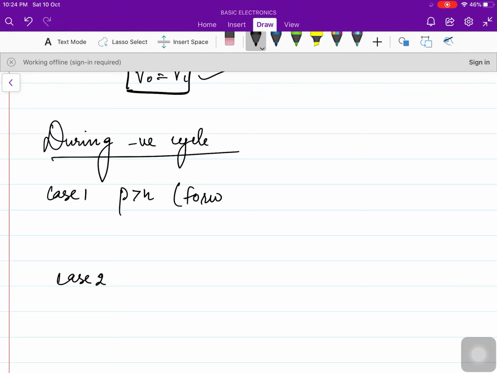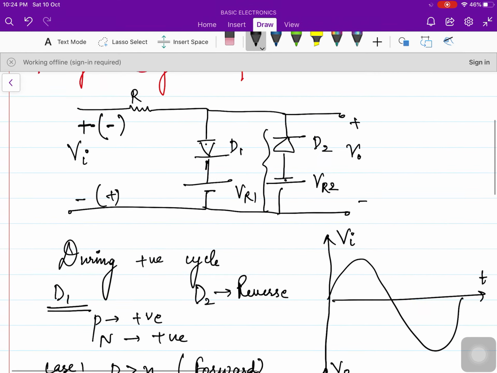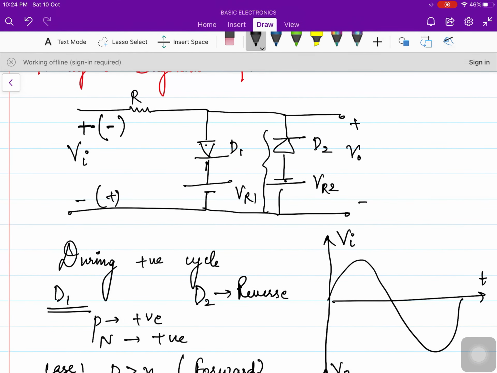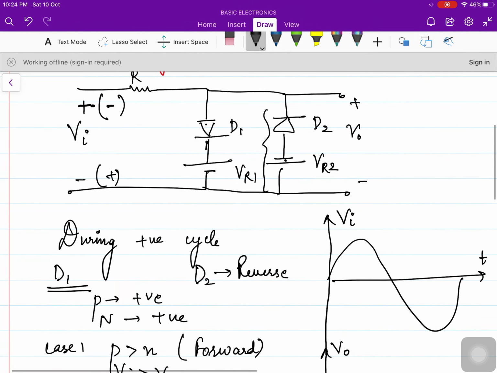P greater than N, of course forward. And for case 2, it is P less than N, of course reverse. Let us put the values of P and N. P is minus VR2, N is minus Vi.